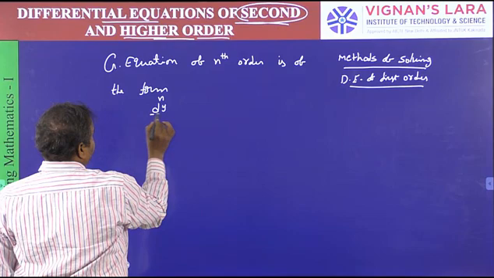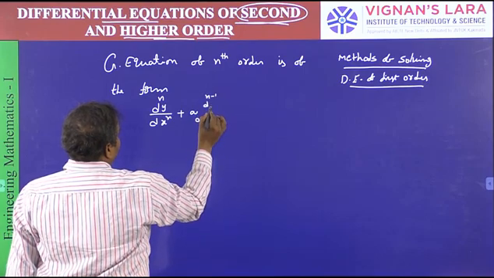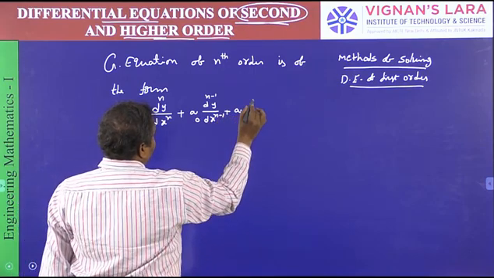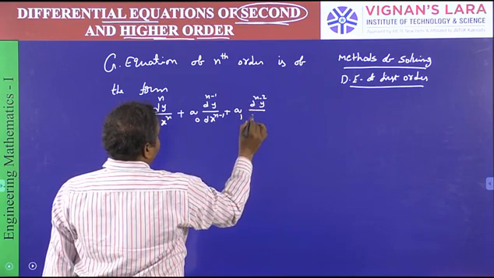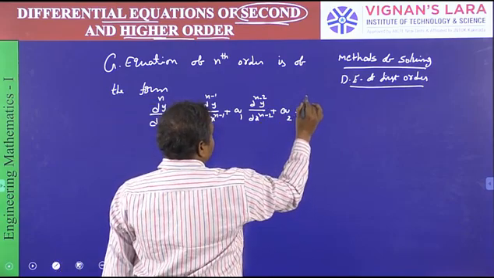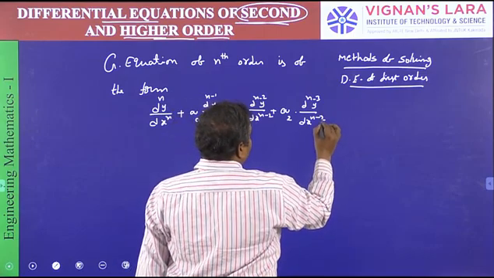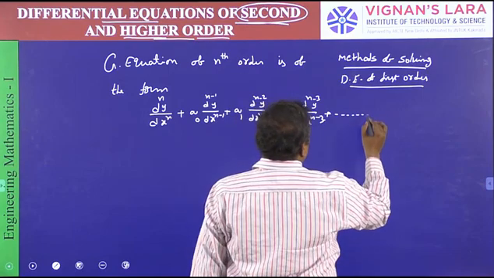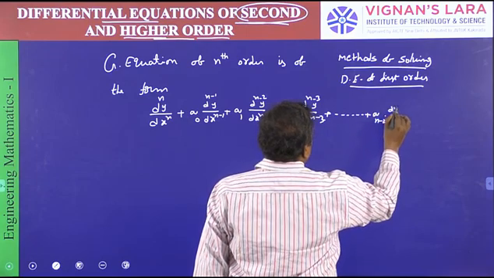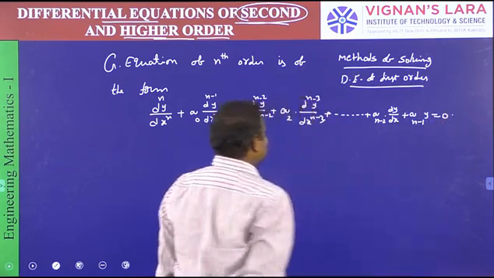d^n y by dx^n plus a0 into d^(n-1) y by dx^(n-1) plus a1 into d^(n-2) y by dx^(n-2) plus a2 into d^(n-3) y by dx^(n-3) plus and so on, plus a(n-2) into dy by dx plus a(n-1) into y is equal to 0.